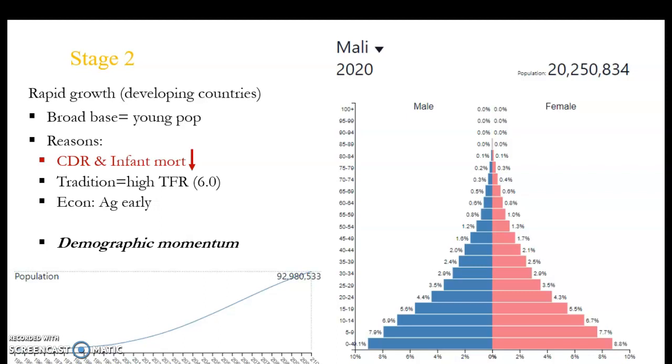The graphic on the bottom left shows the anticipated growth of Mali through this century. It's expected that Mali is going to exceed 90 million people by 2100. So that momentum is strong. Even as the fertility rate drops as the economy shifts, those young cohorts are going to continue to at least double, expanding the size of this population.